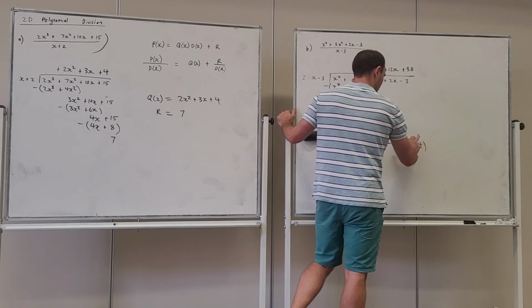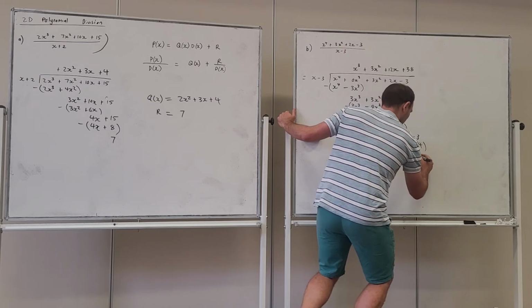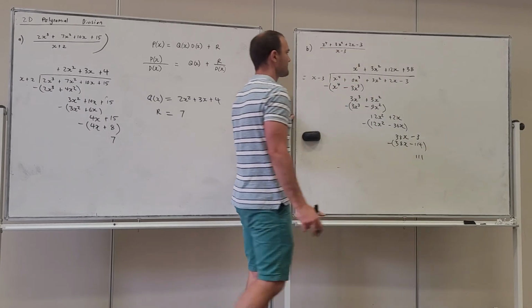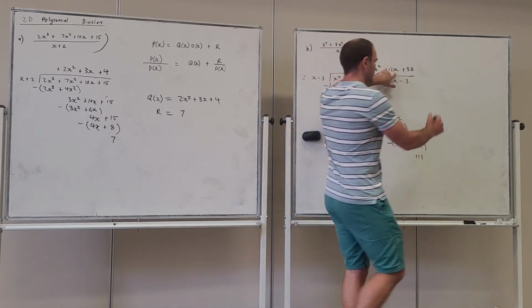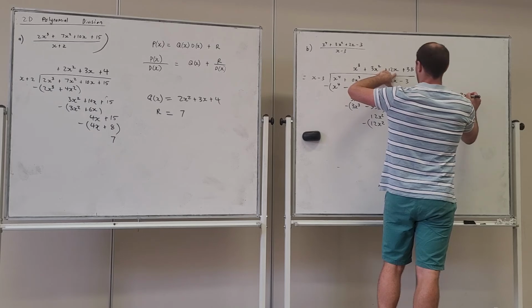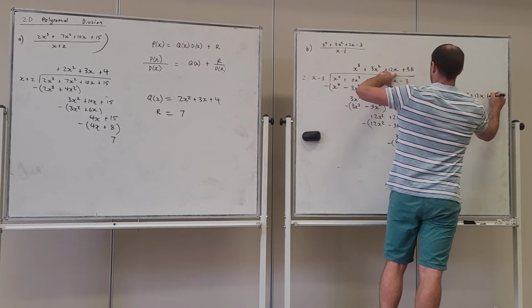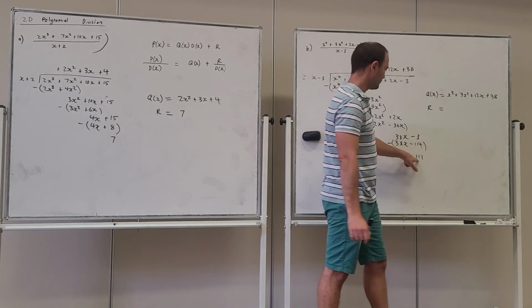And we're left with minus 3 plus 114 is 111. Okay, our quotient, let's state it, q of x, x to the 3 plus 3x squared plus 12x plus 38, and our remainder, 111.